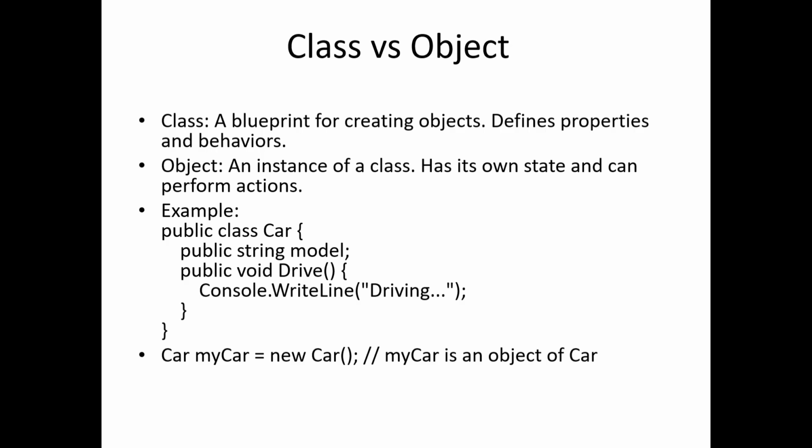So how do we define an object? The syntax is the class name, object name equal new, and then Car and these round brackets. This is actually the constructor. Constructor is like a special method invoked automatically at the time of object creation, used for initializing objects.